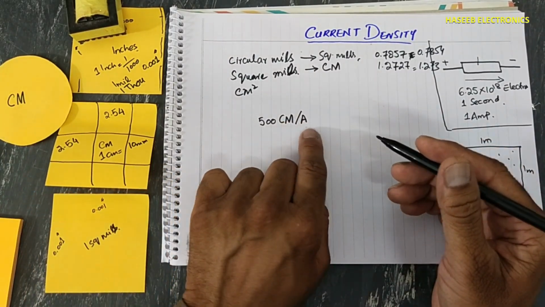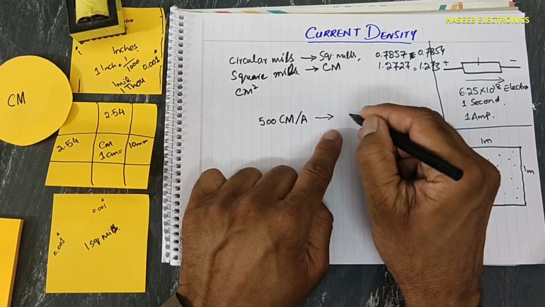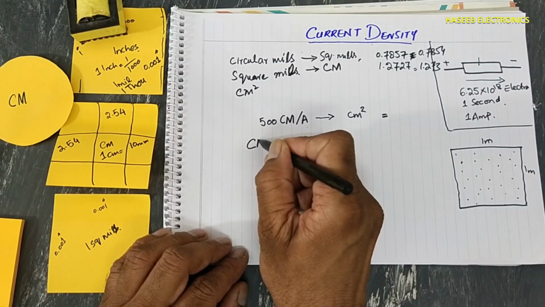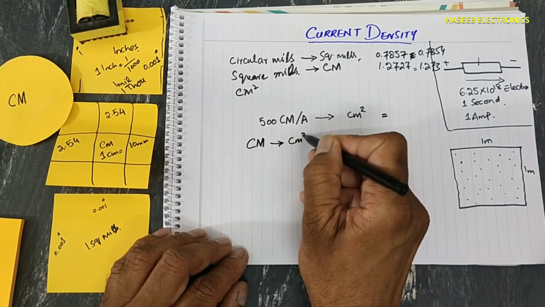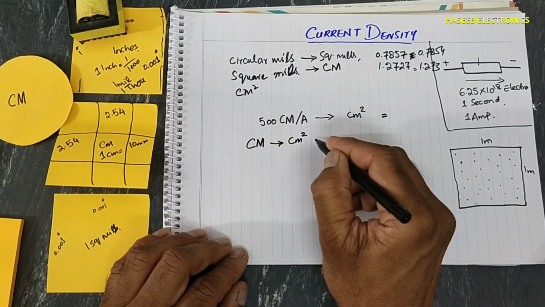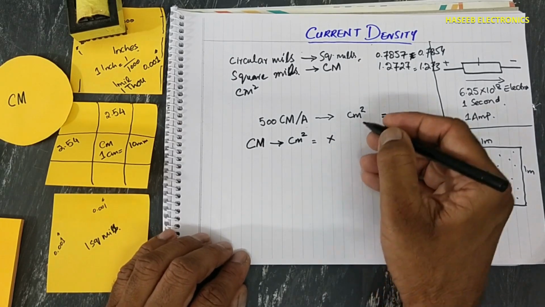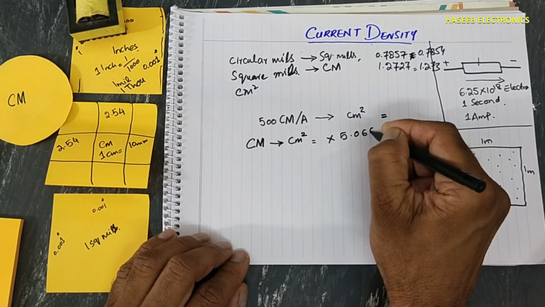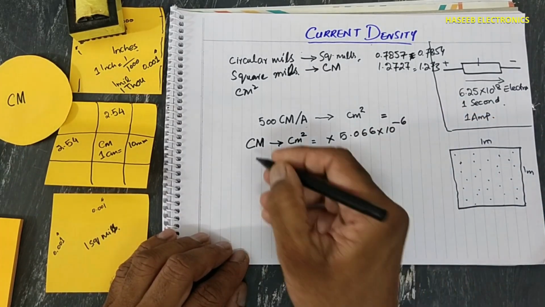Circular mils per ampere, if we want to convert it into centimeter square, we multiply with 5.06 10 raised to power minus 6.